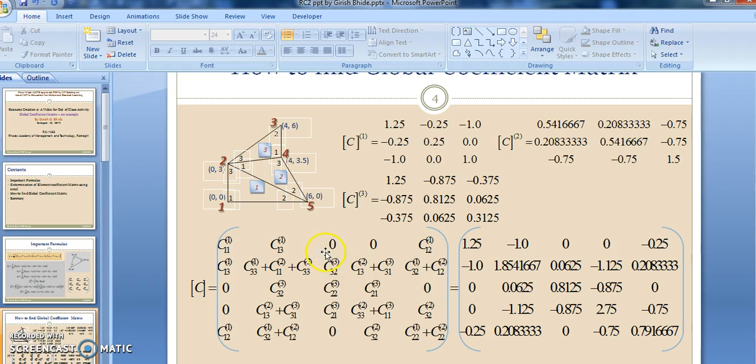So in this way we'll have zeros present wherever the global nodes are in no connection. All these terms which are shown over here are as per these calculations using the element coefficient matrices C of 1, C of 2 and C of 3.